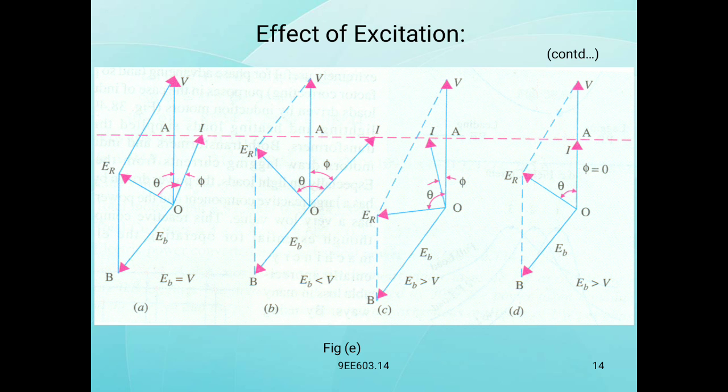In figure A, EB is equal to V. Here the current is lagging the supply voltage by an angle phi, and EB is less than V, under excitation, so the phi value is more.